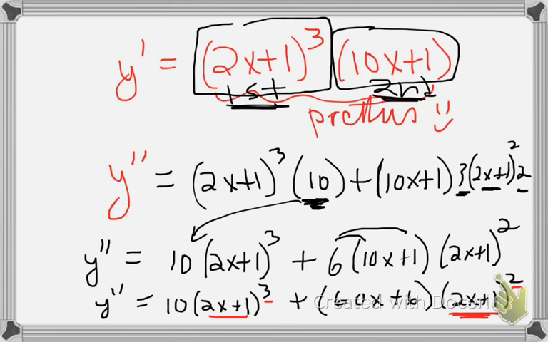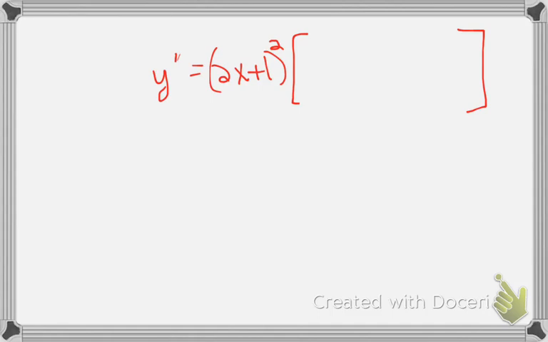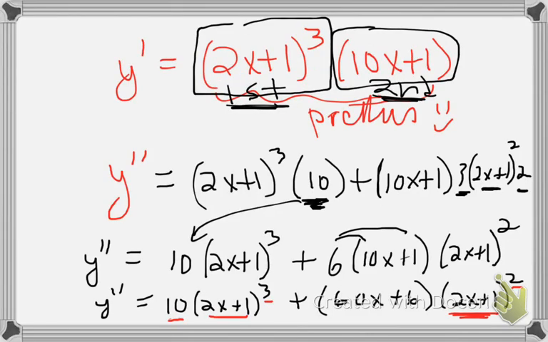Let me go back. So if I pull that out, I'm going to be left with a 10 and then like a 2x plus 1. I'm chunking that off in parentheses. And then a plus sign. And then, I pulled this whole thing out here as the GCF, so I'm only going to be left with this. So plus 60x plus 6.